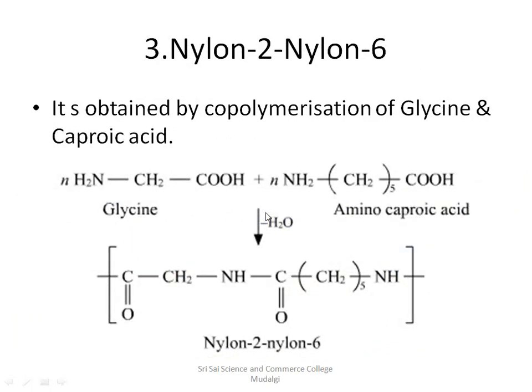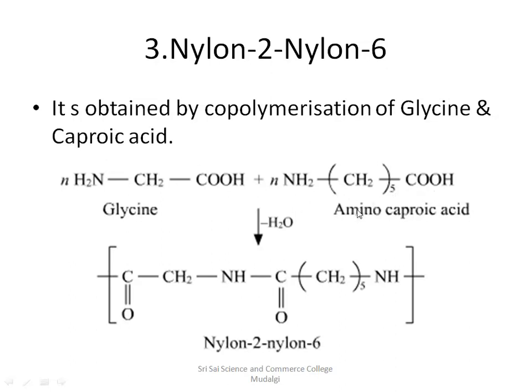Now the last example of a biodegradable polymer is nylon 2, nylon 6. It is obtained by copolymerization of glycine along with amino caproic acid. Glycine we have studied in amino acids: NH2 CH2 COOH. Amino caproic acid is NH2 (CH2)5 COOH.